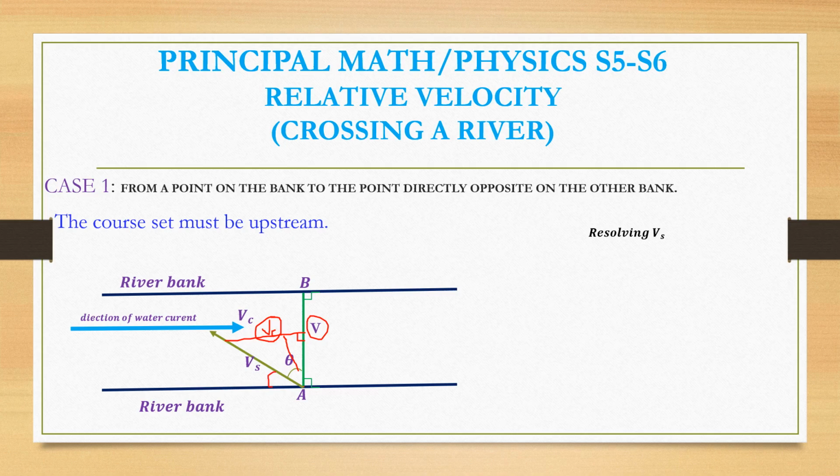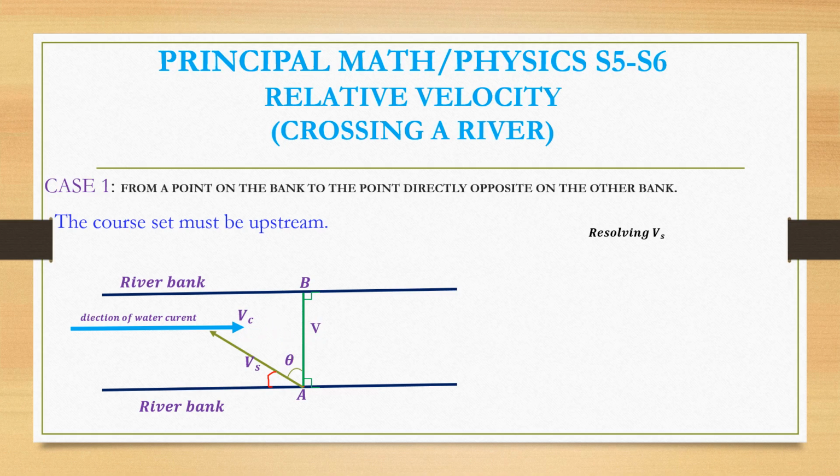So this one instead, the velocity of water current will be opposite to that angle. So that's why it will be resolved as Vs sine theta, and then V, which is the resultant velocity, will be resolved as Vs cos theta.